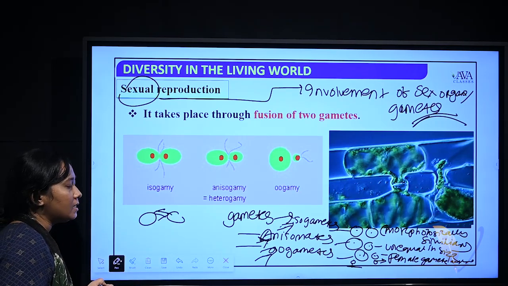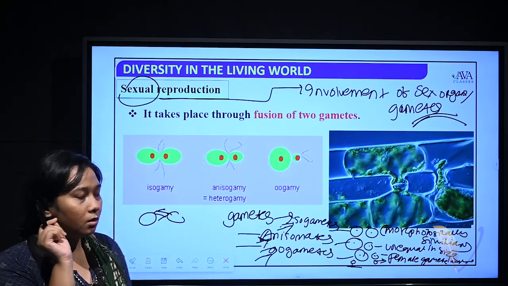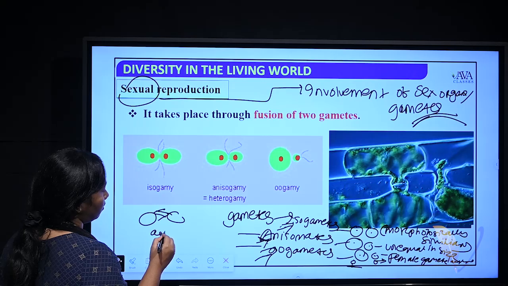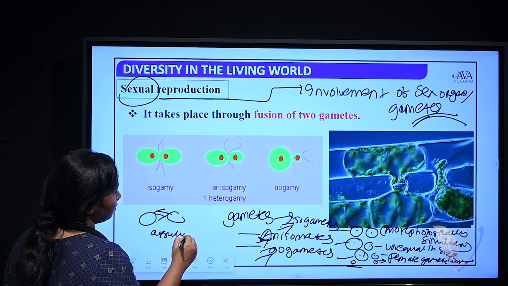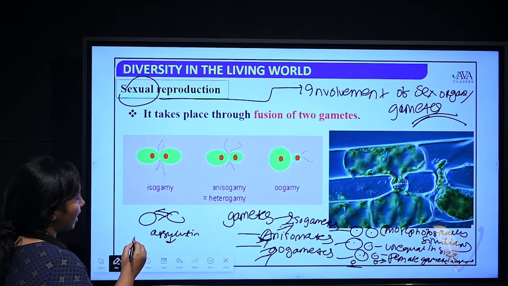In Chlamydomonas, when the gametes fuse, a particular type of chemical secretion happens, that is agglutinin, which helps in recognition of the gametes.